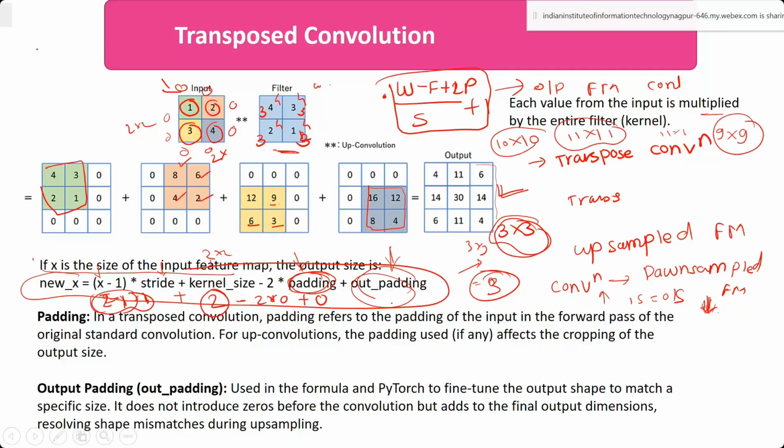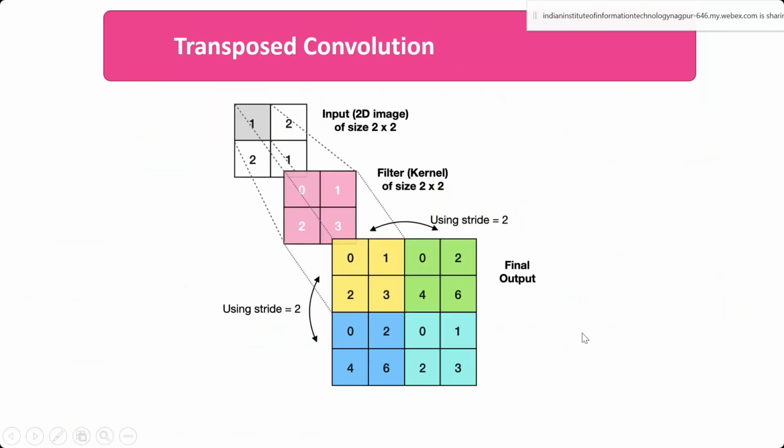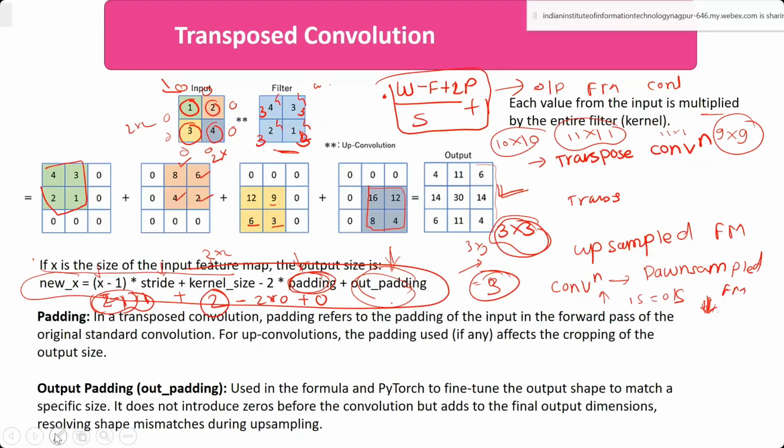So here in transpose convolution, padding refers to the padding of the input in the forward pass. As I have mentioned, input in the forward pass of the original standard convolution, and in up convolution the padding is used to affect the cropping of the output. What is output padding?